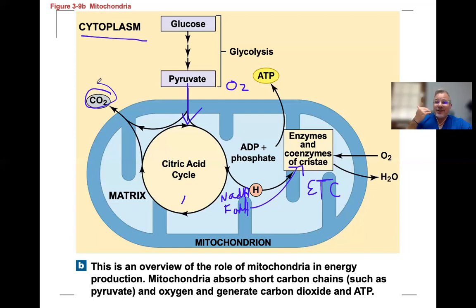We breathe in oxygen. The oxygen is needed for cellular respiration. The byproduct is going to be CO2. The byproduct of the Krebs cycle are these coenzymes that are used by the electron transport chain. The electron transport chain needs iron. There's lots of iron sulfur boxes there. And it needs CoQ10, coenzyme Q10, for the electron transport chain.